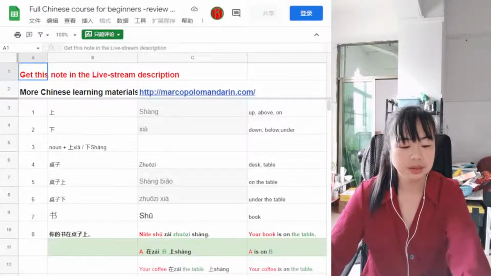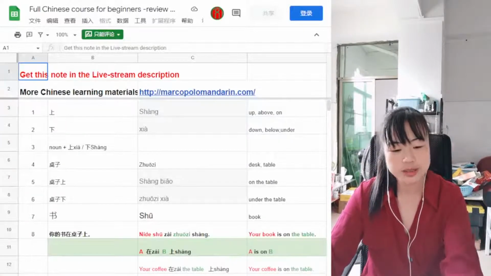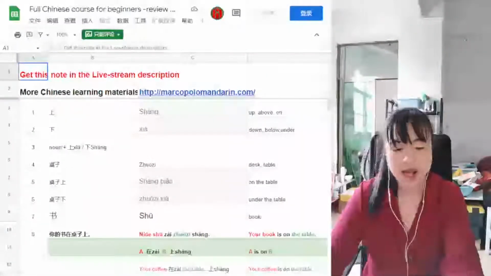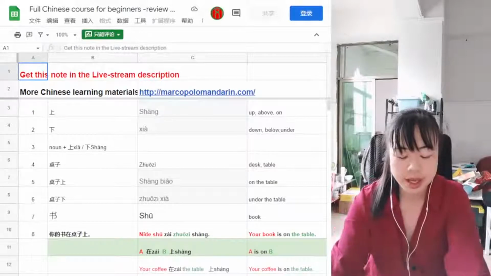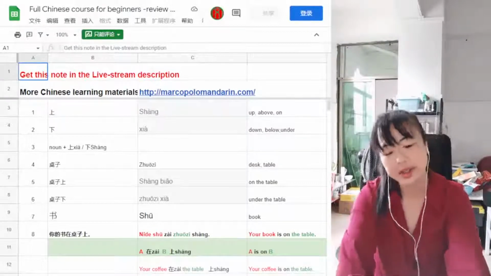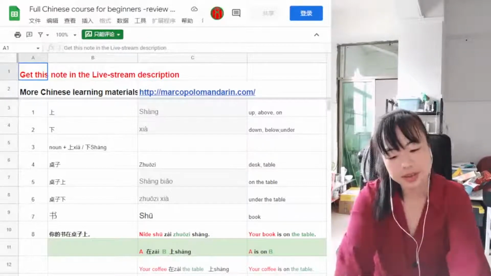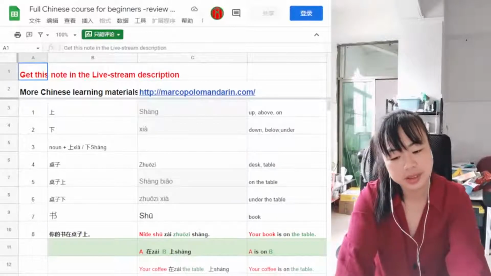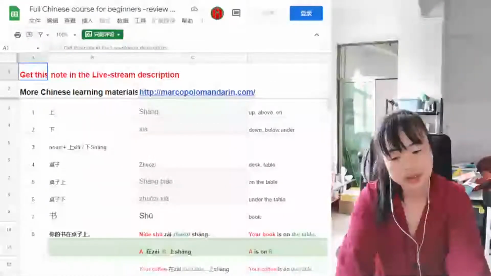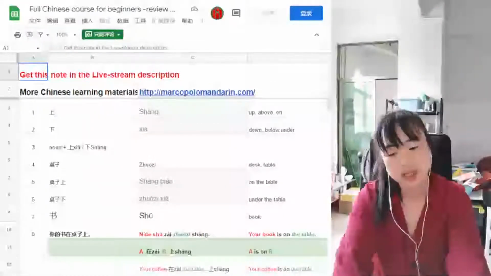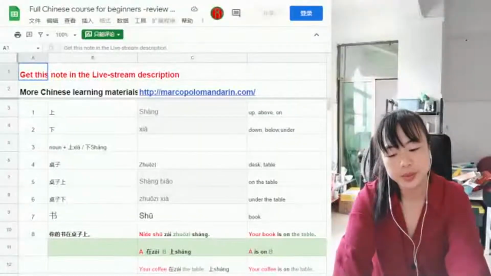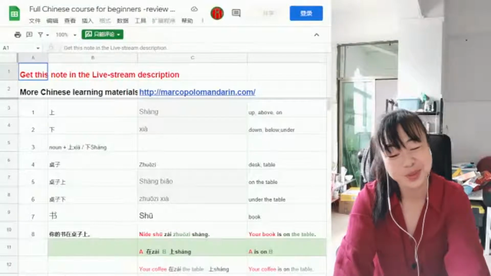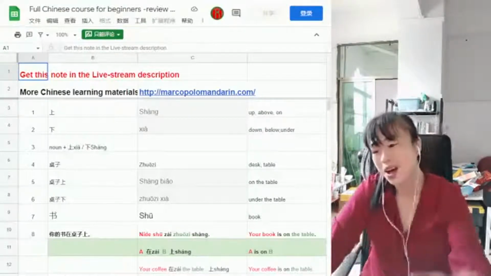Okay, so 手机. So now try this sentence. How do you say your cell phone is under the table? That is not true. It's most likely to be on the table.